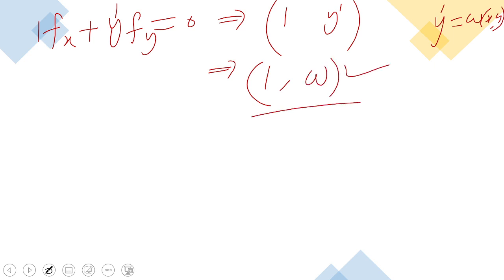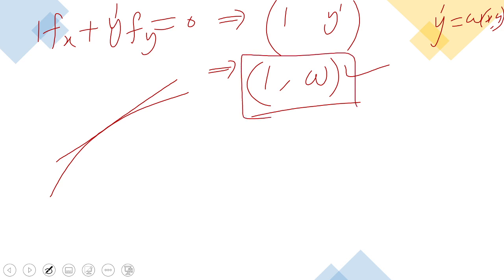This is the tangent vector, and I have some space, and in my case it is a curve, and we have a tangent vector which is this thing.